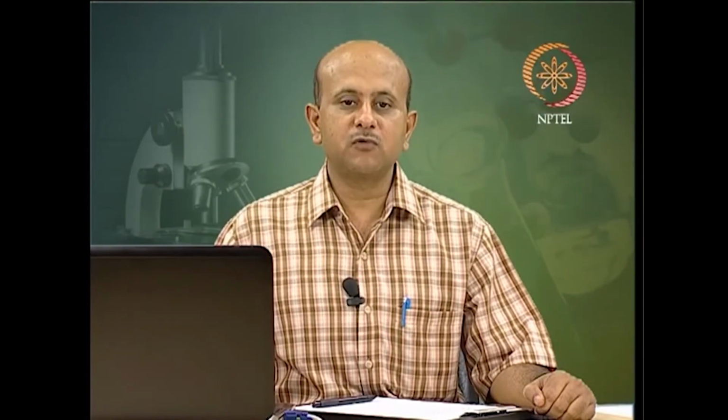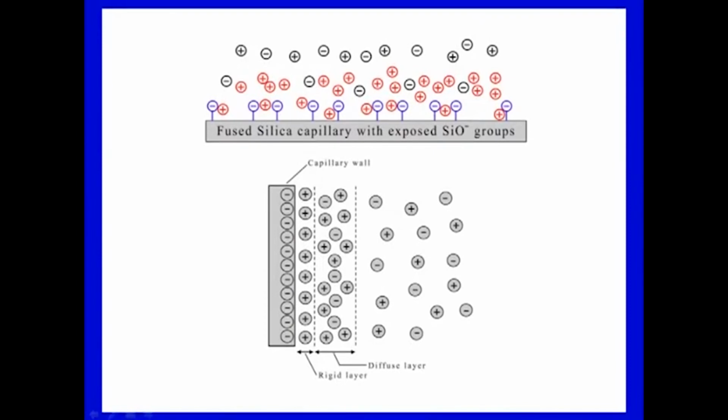So, here you have a situation where electroosmotic flow dominates, and even when negatively charged species might be trying to go towards the other side, they are not able to because of this electroosmotic flow. This figure explains what I have already explained: there is a fused silica capillary here with negative charges, and as I said, at different pH they will be charged differently.